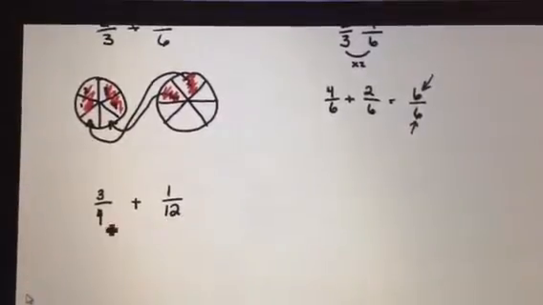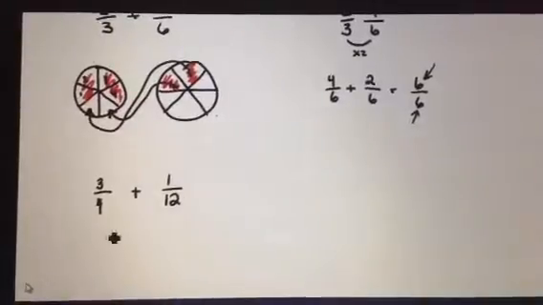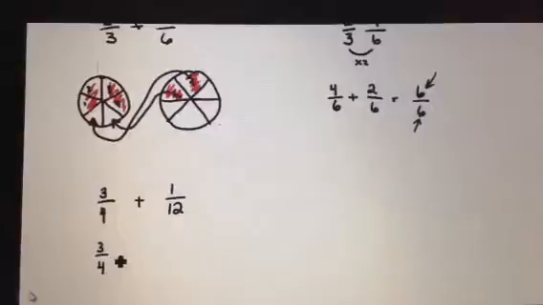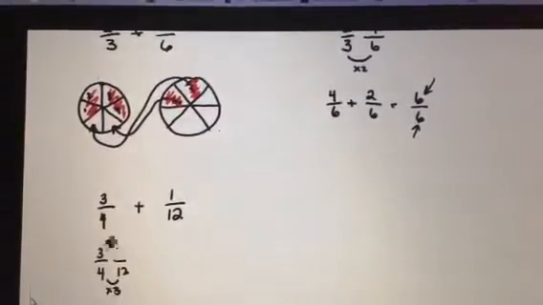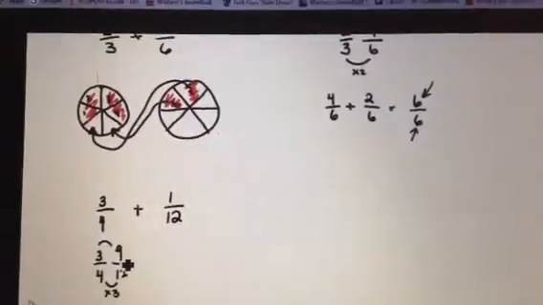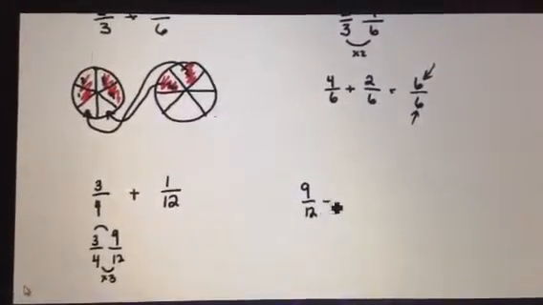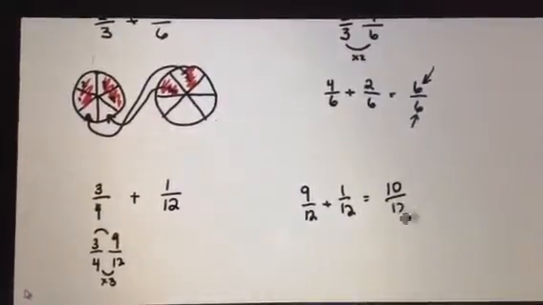Okay, those have a common factor, that 4 goes into 4 and 4 goes into 12. So I'm going to change 3/4 to 12. So to get that, I have 12. So I multiplied by 3. So I multiply by 3. So 9/12 and 3/4 is the same. So 9/12 plus 1/12 is 10/12.